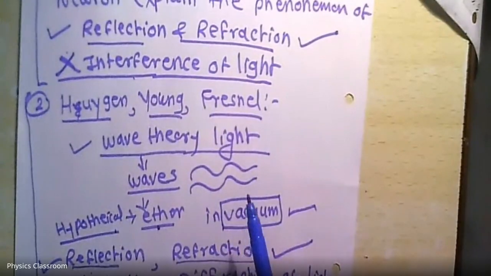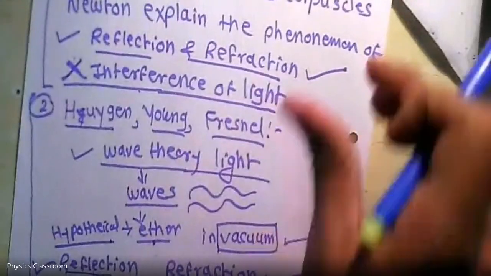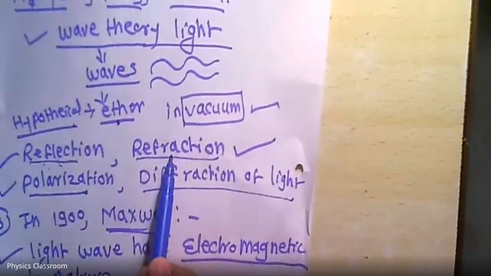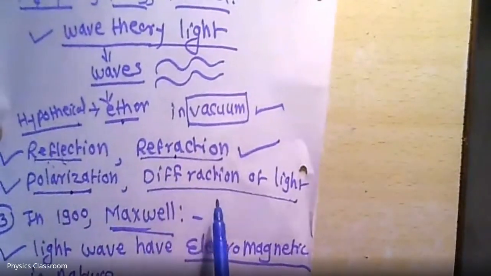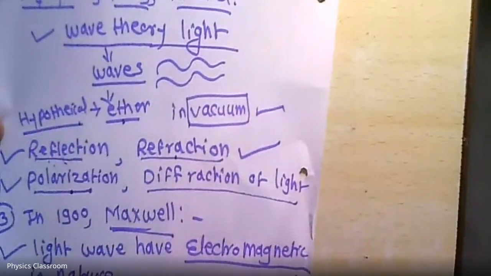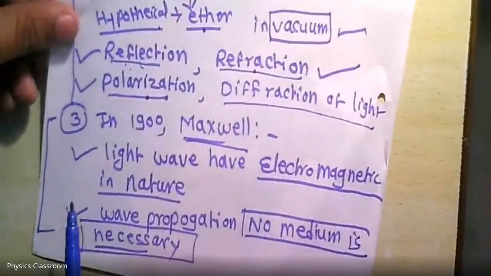But in Huygens and Fresnel's theory, propagation of waves in vacuum is also possible. Using this theory, reflection, refraction, polarization, and diffraction of light were explained.